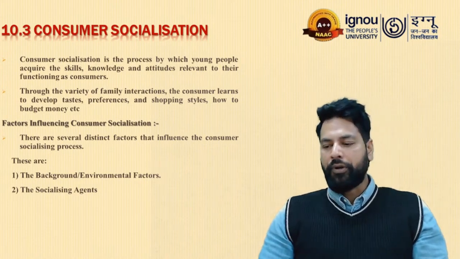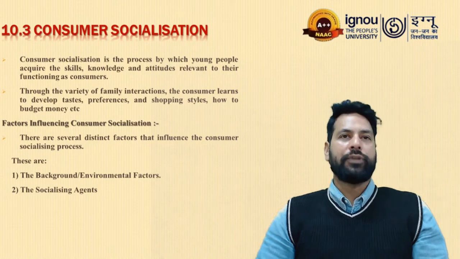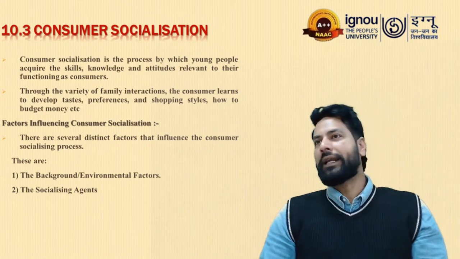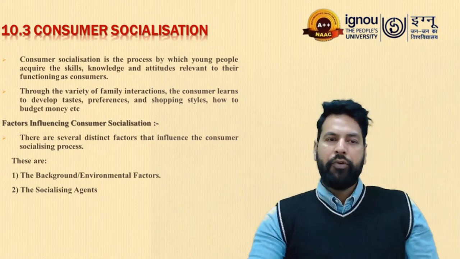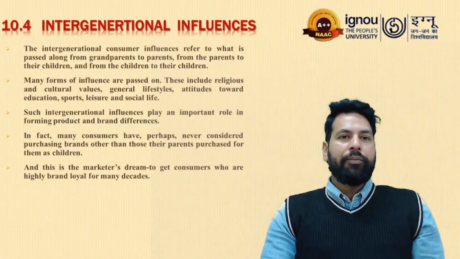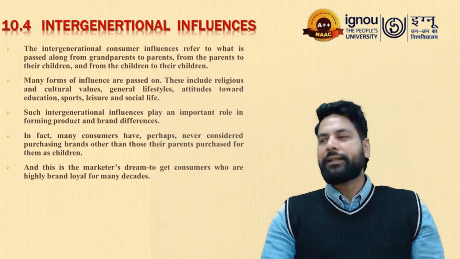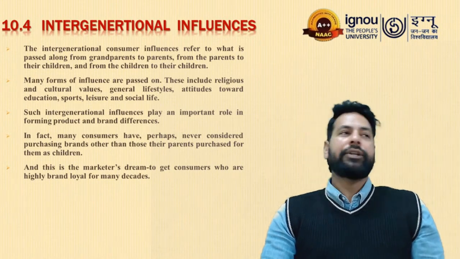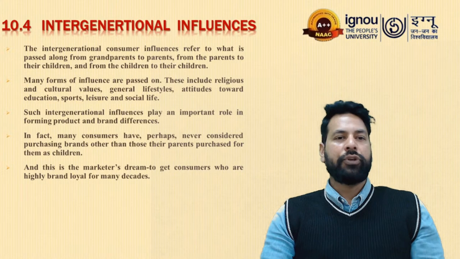So this is very, very important, that is how a consumer behaves in society. That's called consumer socialization. If somebody asks you, we'll move. Intergenerational influences are very important. Intergenerational means the relationship between two generations, three generations, or more.